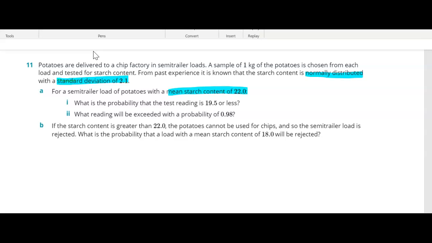What reading will be exceeded with a probability of 0.98? So for both of these, let's just write the notation. So the probability that x is less than 19.5. And then for part 2, what reading will be exceeded with a probability of 0.98?